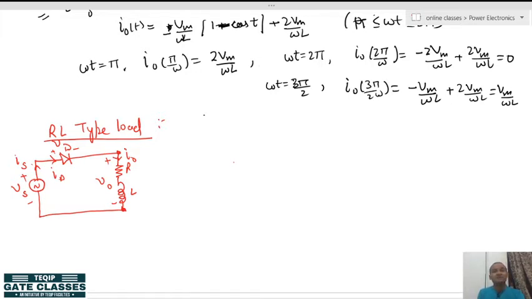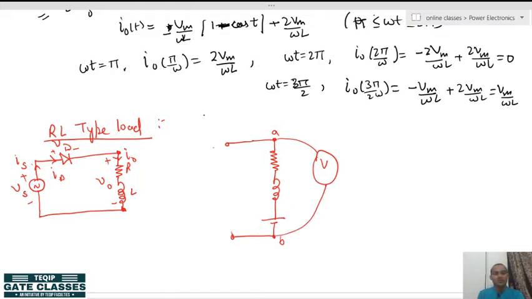Why am I telling you this? Because there is another concept involved here. What is that concept of a circuit? Let's take a very simple example. Suppose we have this RLE circuit and you are putting a voltmeter here between A and B. You are putting the voltmeter here, all right.